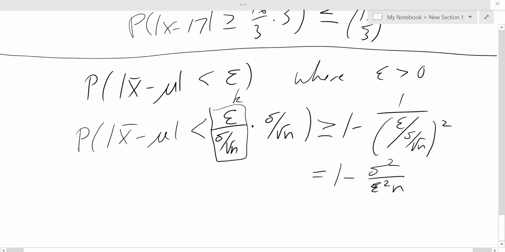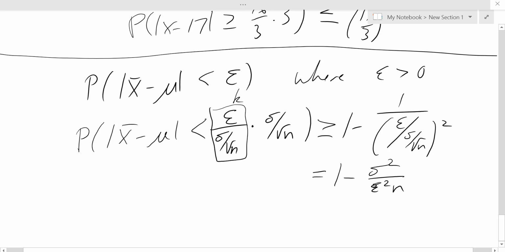That's a reasonable request to have, right? This Chebyshev's inequality says it doesn't matter what the underlying distribution is. It's basically a central limit theorem idea. But it says it doesn't matter what the underlying distribution is. I can take this n big enough that basically cancels out this epsilon, right?